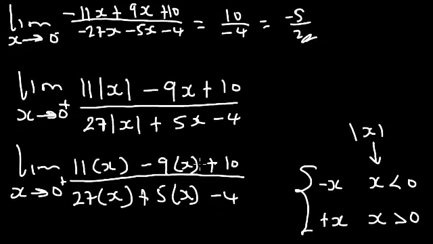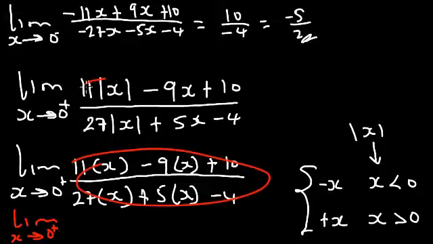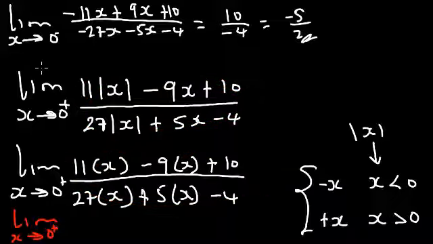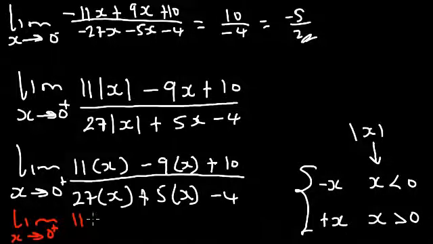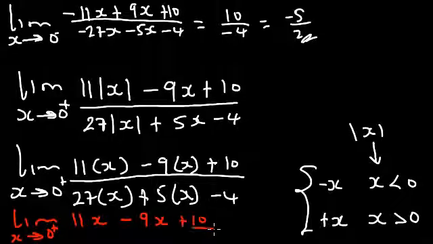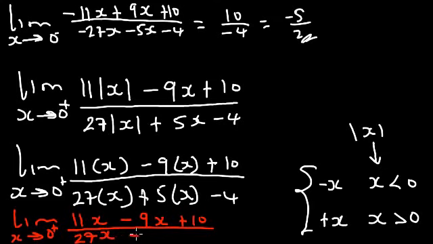Since the variable is entirely positive, this stays as it is, just without the absolute value. So this is 11x minus 9x plus 10, divided by 27x plus 5x minus 4.